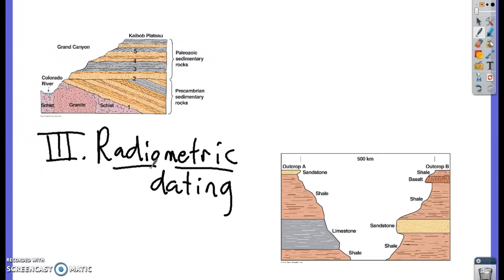Basically we take the radioactive isotopes of certain elements, and we measure how much of their decay products are present.